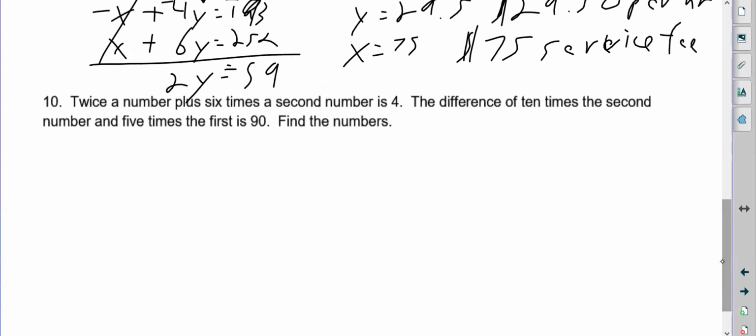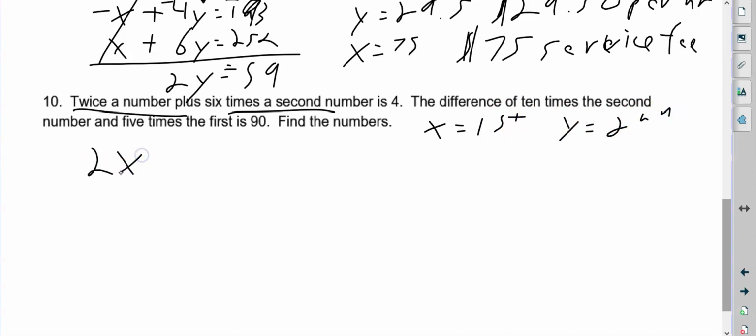And last but not least, we have some translation here. Okay, the last one's a little bit tricky on the second line. So we're just translating. So twice the number plus 6 times the second number. So I'm just going to say x is the first number and y is the second. So twice a number plus 6 times the second is 4. That's pretty easy.